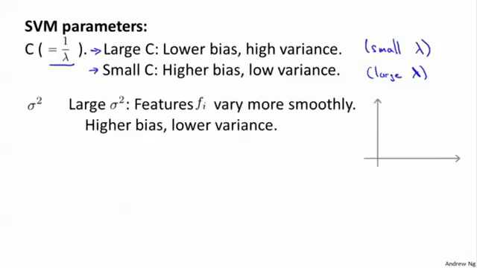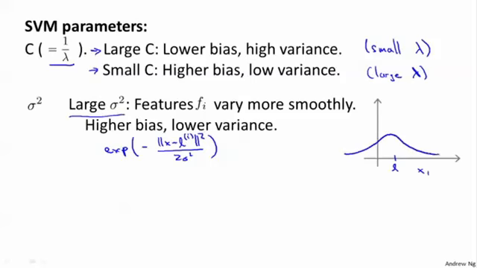So if sigma squared is large, then in the similarity function, which was this, e to the minus x minus landmark i squared over 2 sigma squared, in this 1D example, if I have only one feature x1, and a landmark at that location, then the Gaussian kernel will tend to fall off relatively slowly.